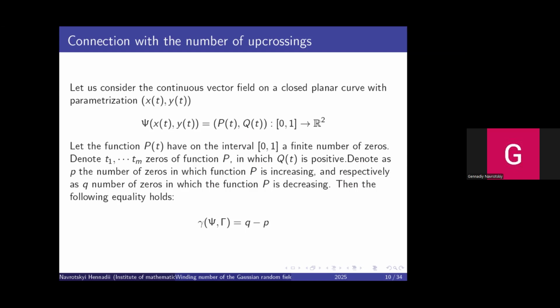If the first component has a finite number of zeros on this curve parameterized by [0, 1], then it is just the number of downcrossings of 0 minus the number of upcrossings, conditioned on q of t, which is the second component, being positive.